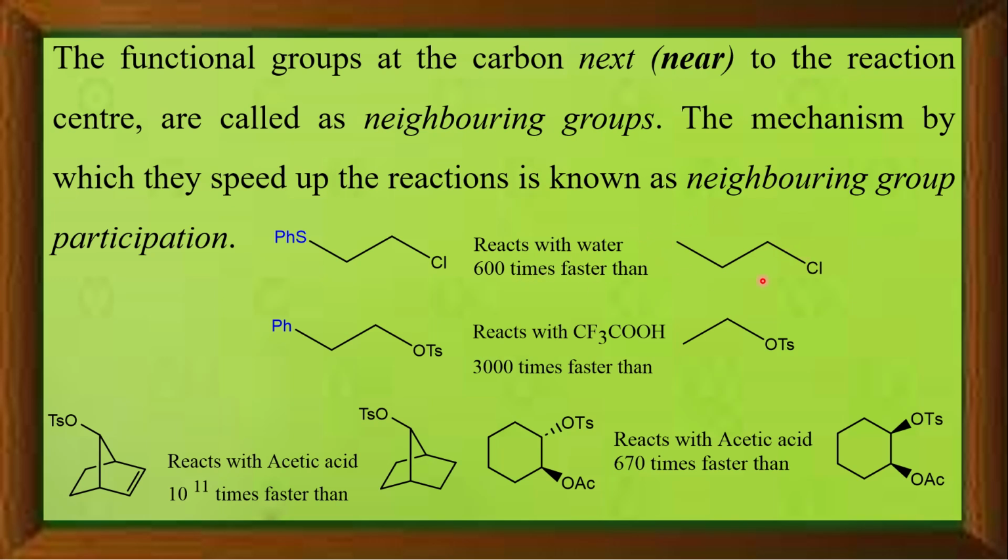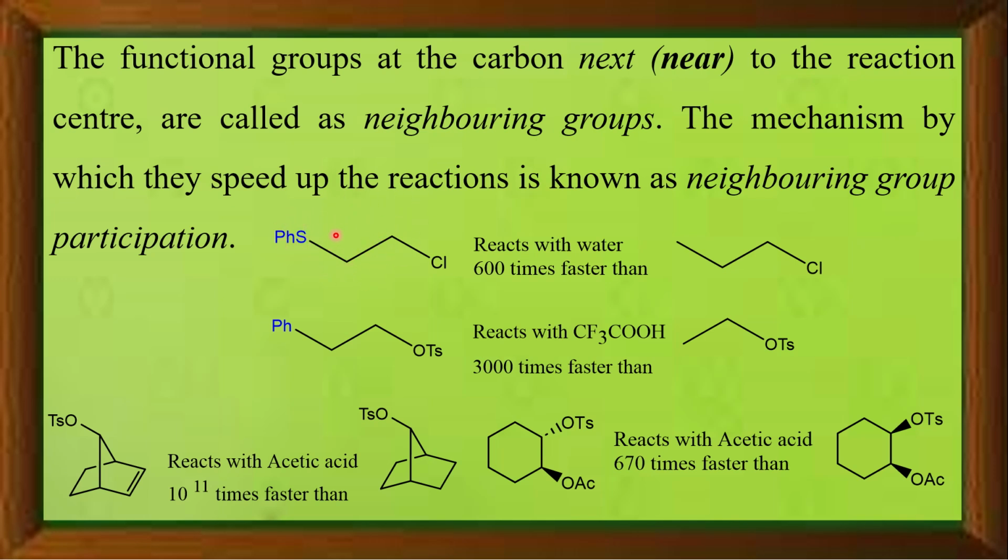Whereas in this molecule there is no neighboring group to enhance the reaction rate. So in this molecule, nucleophilic substitution can take place by anchimeric assistance, by neighboring group participation.